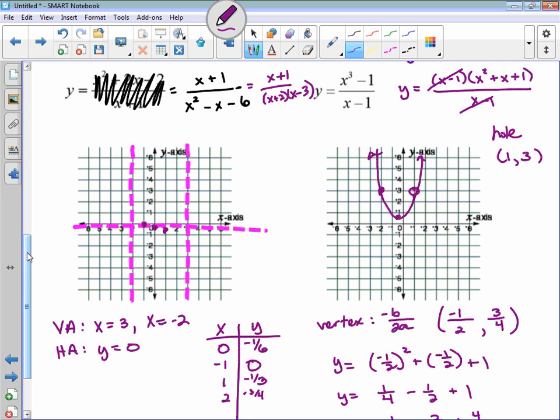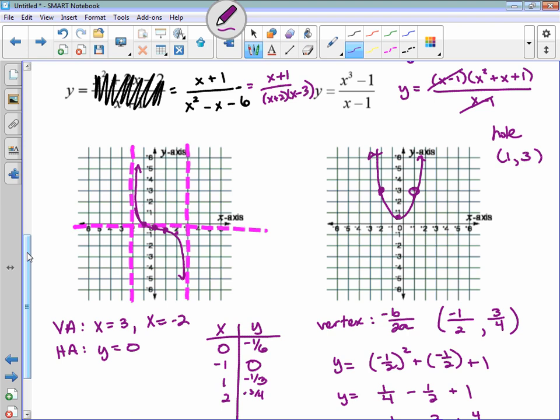Those are not very pretty values, are they? What's happening here is this is looking kind of like a cubed graph in the middle. The middle's always the trickiest part to see. You have to plug in enough points to decide: is it like a parabolic shape, up or down, or is it a weird cubed graph going on? So just plug in enough in the middle so that you can see that.